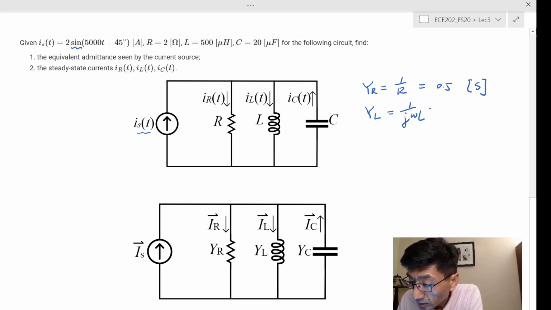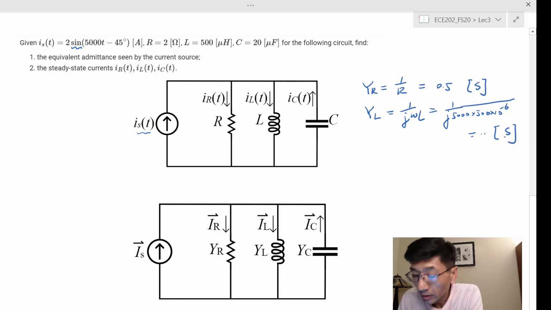So you can find the value. So that's 1 over j 5,000 times 500 micro. Right, so you can get the numbers. I'm not going to do the numbers here. Whatever the number is, that's in the Google Colab notes. They're all calculated. And y sub c is equal to j omega c, right?